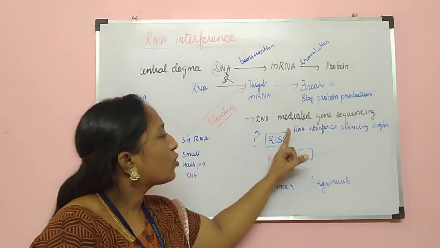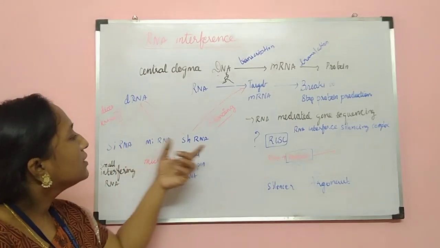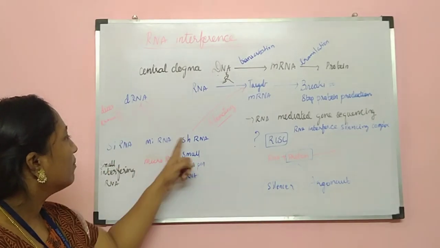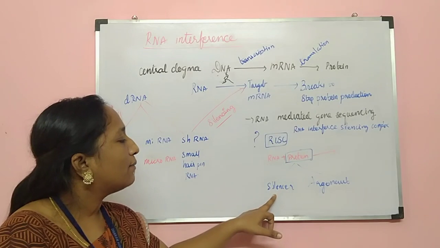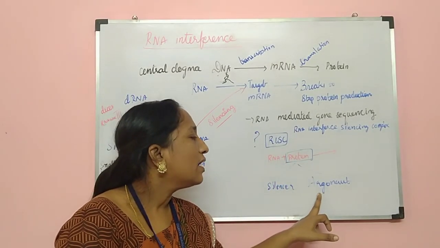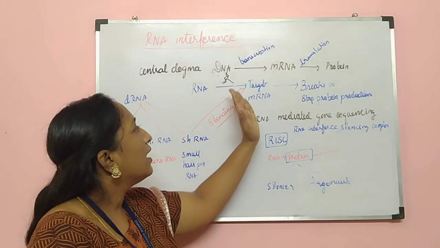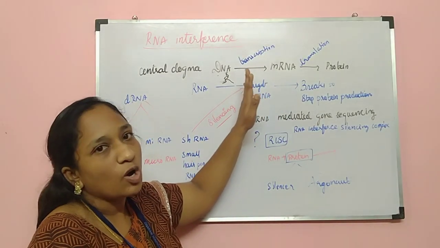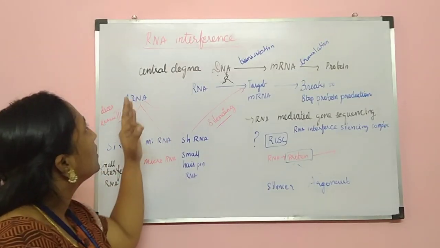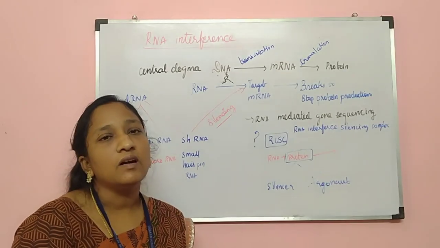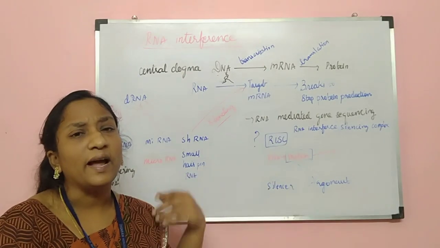The complex they use is RISC, which is any one of these RNAs along with certain proteins, which can be silencer or Argonaute. These act in the silencing process and stop the production of protein by the mRNA. This is called RNA interference. Let's learn the practical experiment of how they did it in the plant.